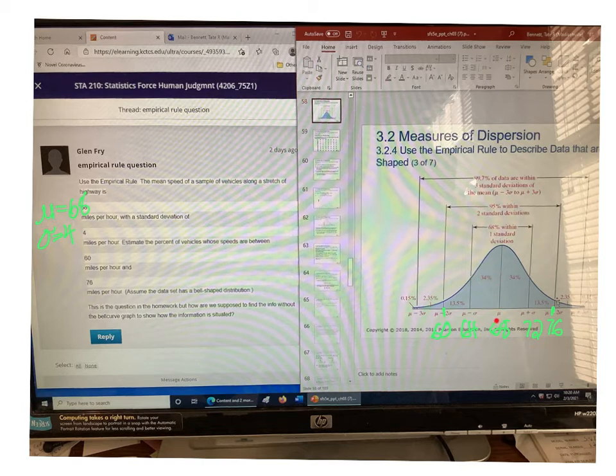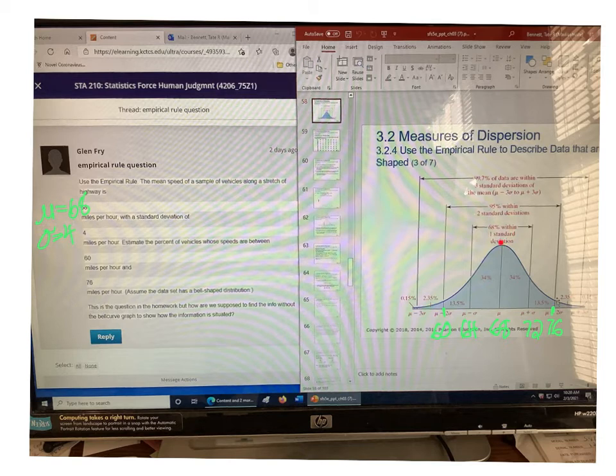So you have your mean, mu here, and then you have the standard deviation. The rule says that within one standard deviation of the mean on either side, the mean plus one standard deviation and the mean minus one standard deviation, 68% of the data will be within that.